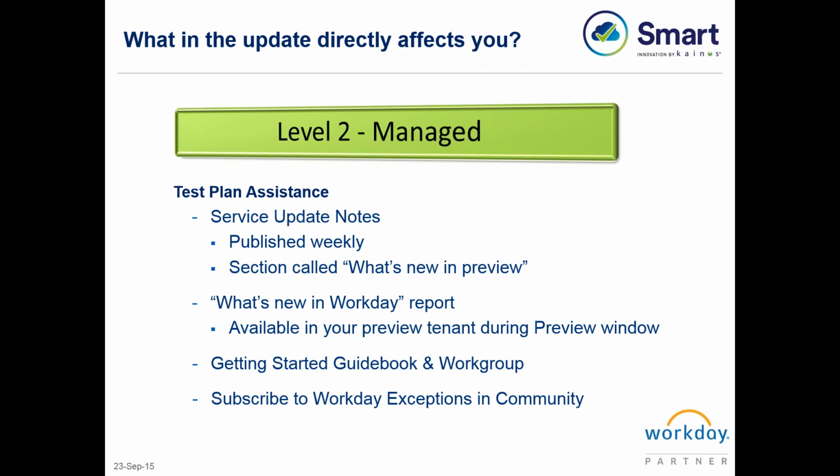If we all remember back to Workday 24, not everything was released at the beginning of the update window, in the first week or the second week. Some of the features were released later in the 5-week cycle. I think Workday 25 was a lot better at that, with the features there earlier in the 5-week cycle. But by subscribing to this Workday exceptions in Community, you'll get information on exactly when things are coming in, if things are actually slipping.